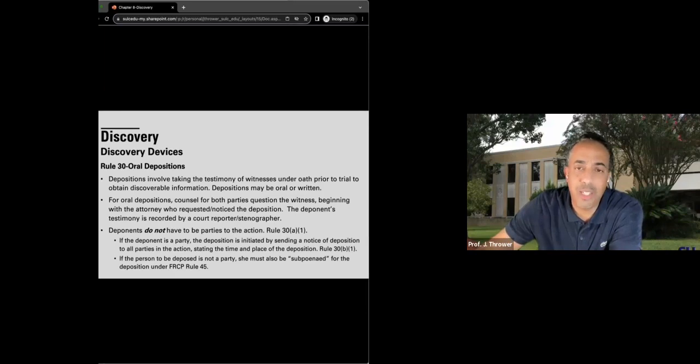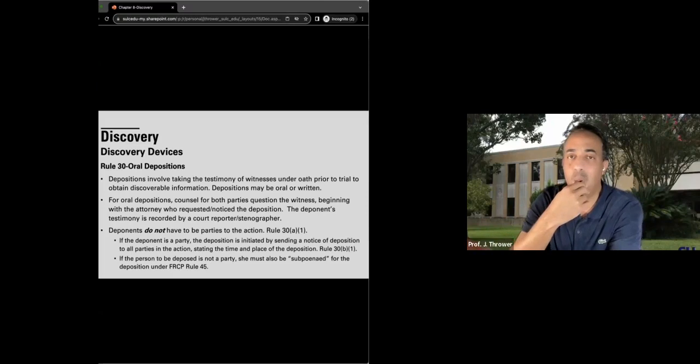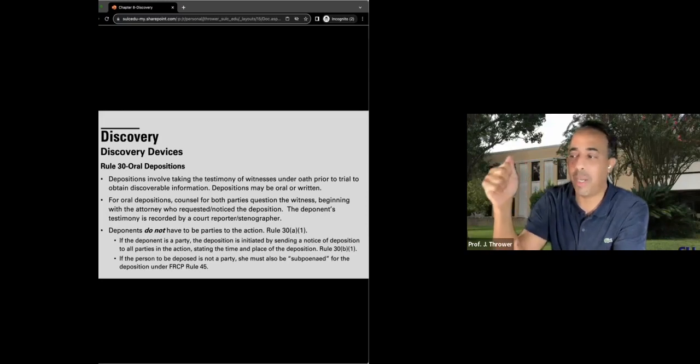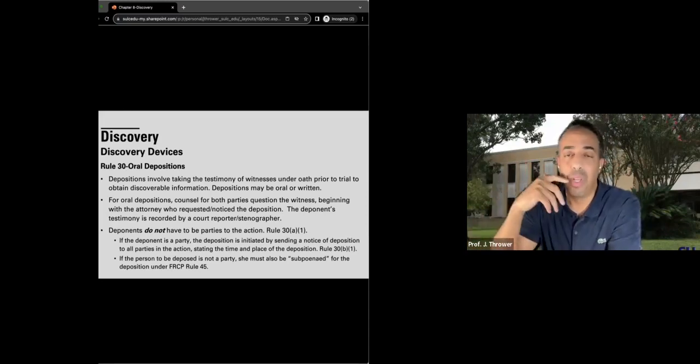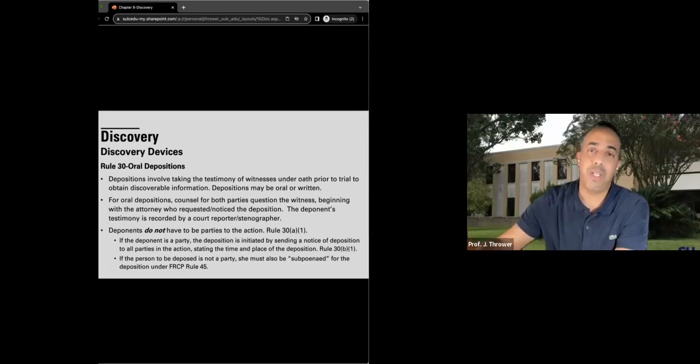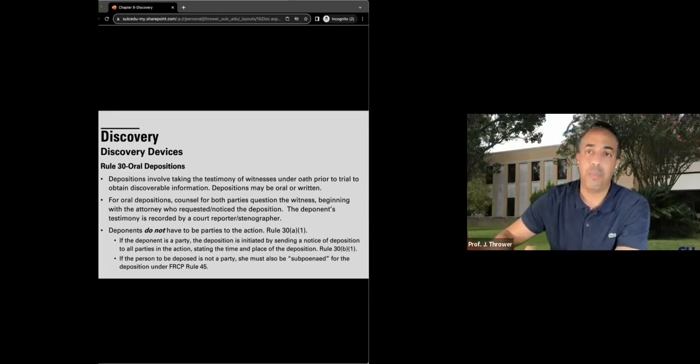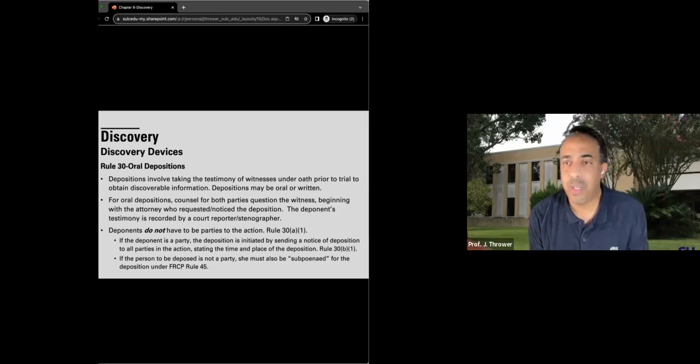It's important to note that deponents do not have to be parties to the action. And so, pursuant to Rule 30(a)(1), any person who has information about a case could be deposed. In the instance that the deponent is a party, then, as I mentioned a few moments ago, the party desiring to take the deponent's deposition initiates the deposition by sending a notice of deposition to all parties in the action.